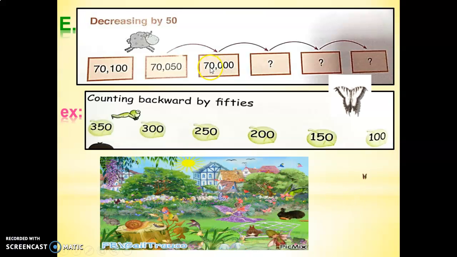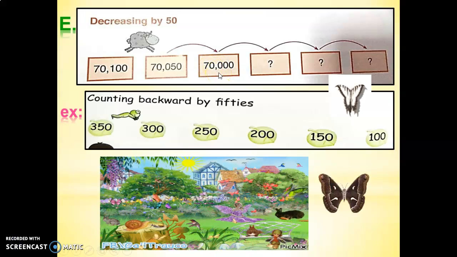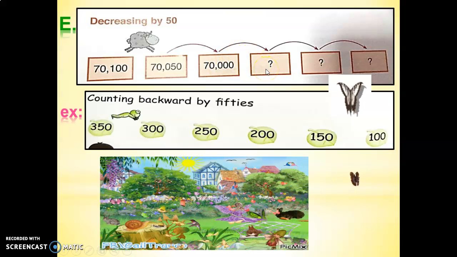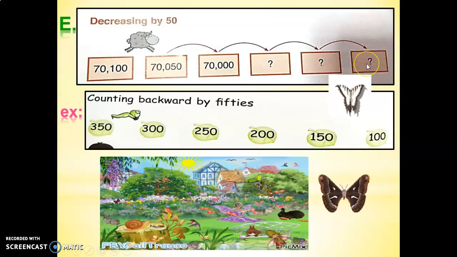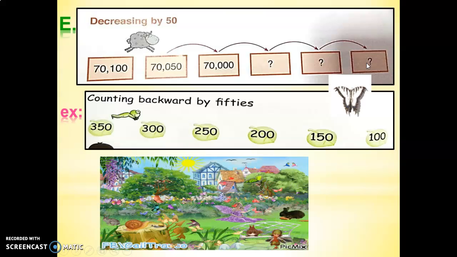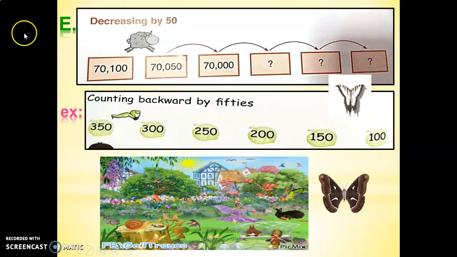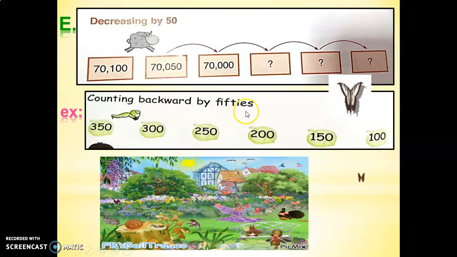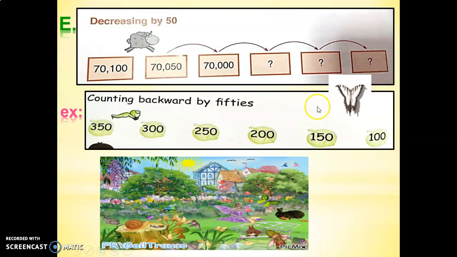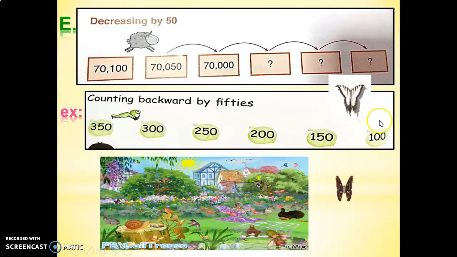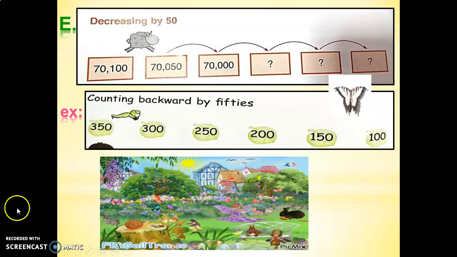From the number 70,000, minus 50 will now be 69,950. Decrease it by 50 gives us 69,900. And the last number should be 69,850. Some examples for counting backward by 50s: we have 350, 300, 250, 200, 150, and the last number is now 100.